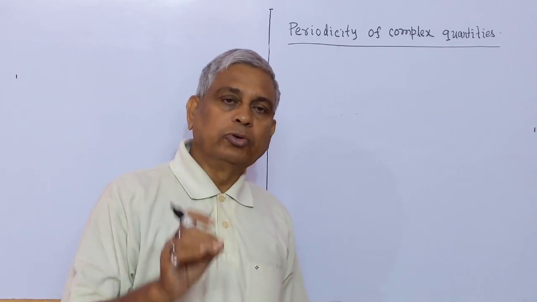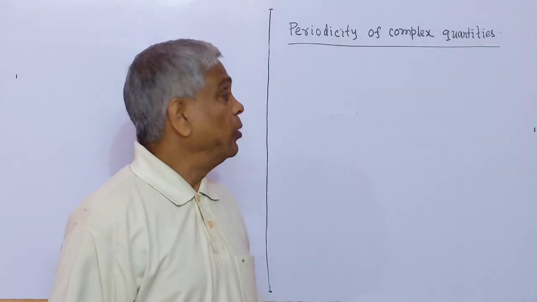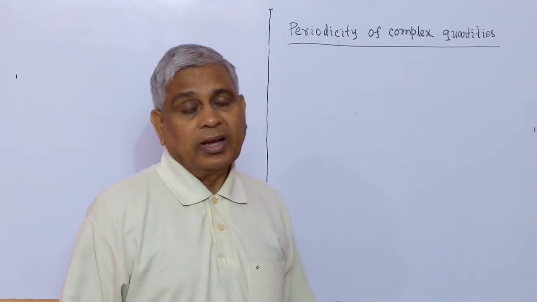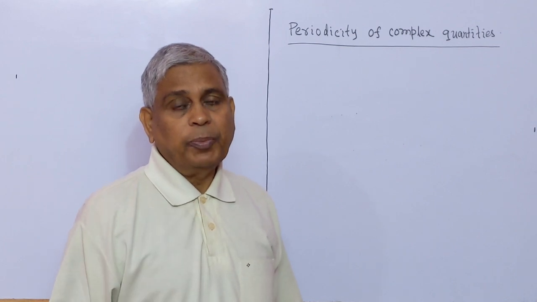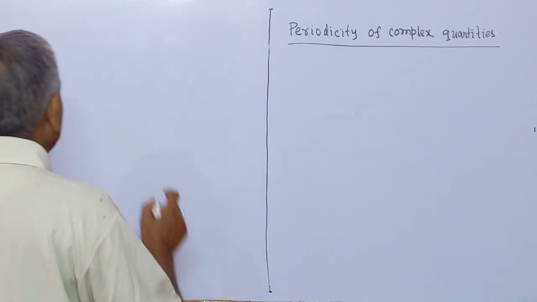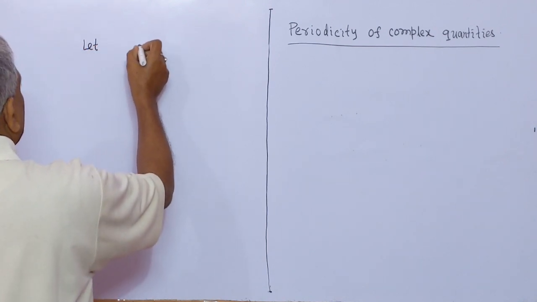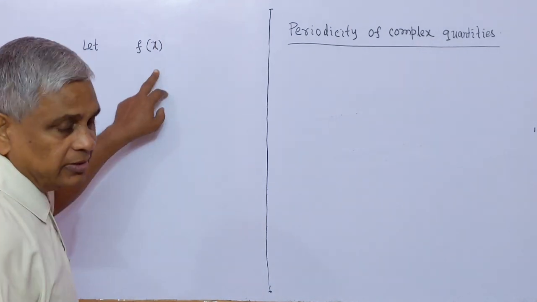Now I will show the periodicity nature of complex quantities. Before showing this, I would like to give you the concept of the periodic function. Let f(x) be a function of x.